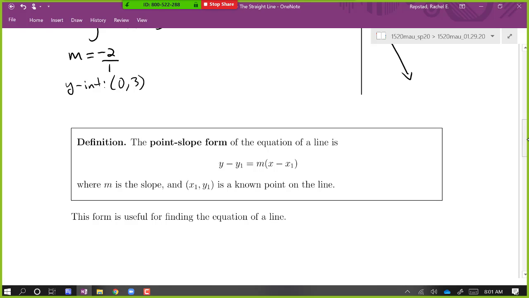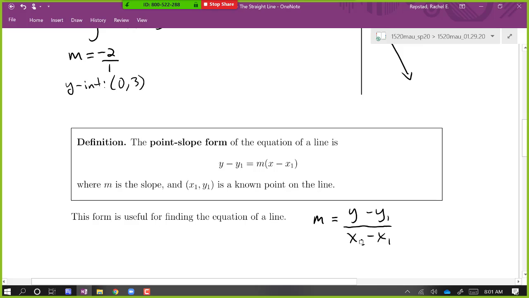It's really just, if you take the slope formula, y2 minus y1 over x2 minus x1, and then you say, okay, I've only got one fixed point, right? x1, y1, that's the point I know.